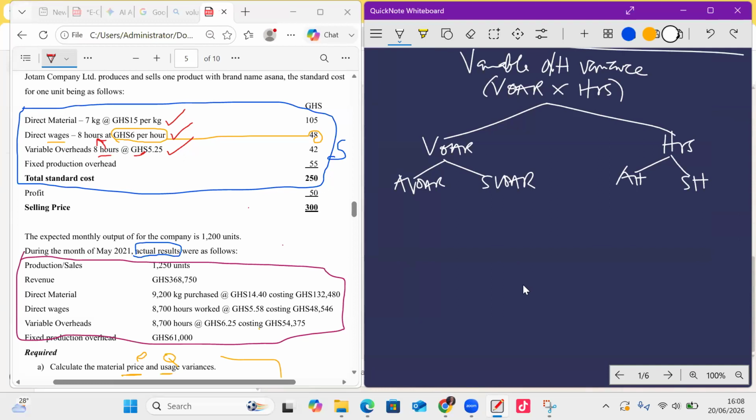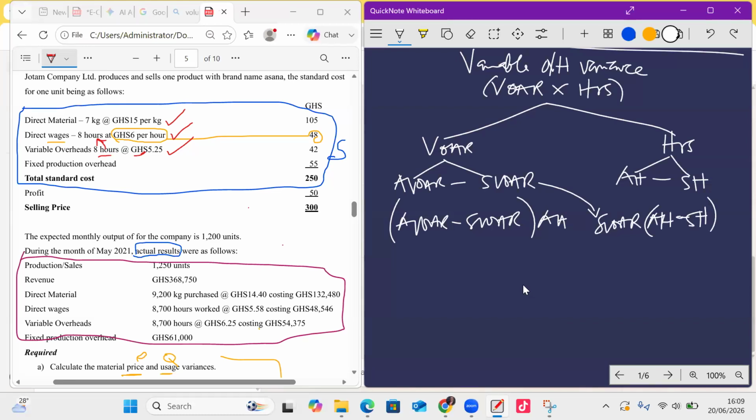Now, here we put negative, again the same. AVOAR minus SVOAR, multiplied by AH. Then AH minus SH. We'll bring this here. SVOAR times AH minus SH. Are you good? Yeah.